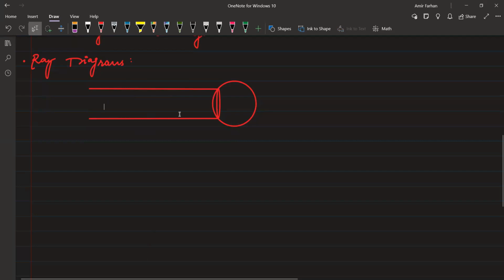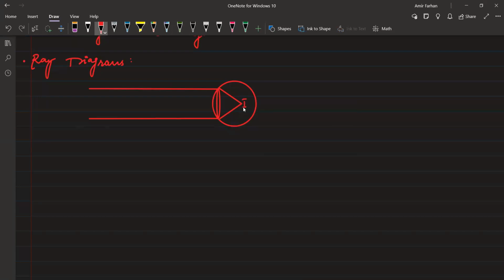So basically, due to the high converging power of the human eye or the eye lens, the rays will not meet at the retina; instead, they will meet before that, like this. So now the image is formed here, instead of forming at the retina.